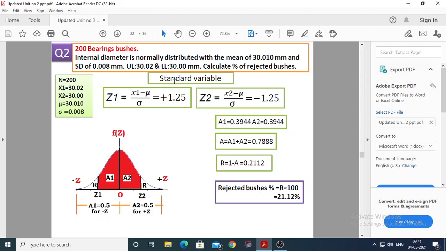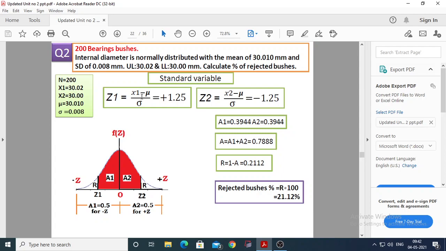Z1 is the standard variable that we want to calculate for the minimum and maximum deflection. The minimum random variable is given as 30 mm and the maximum value is given as 30.02 mm.